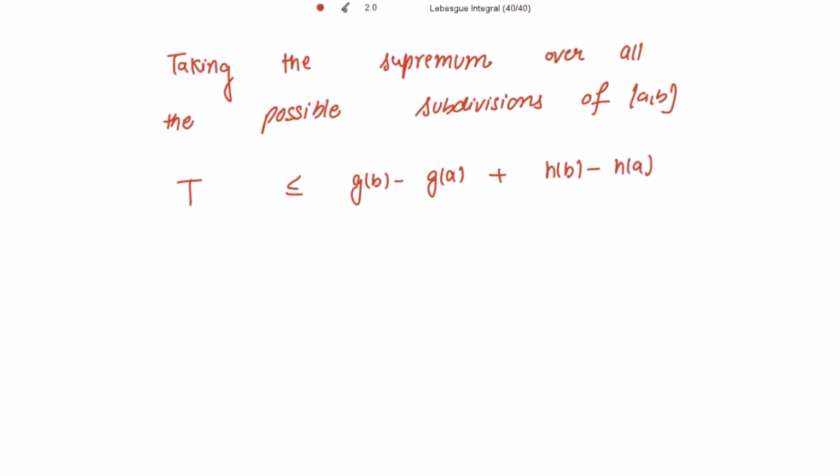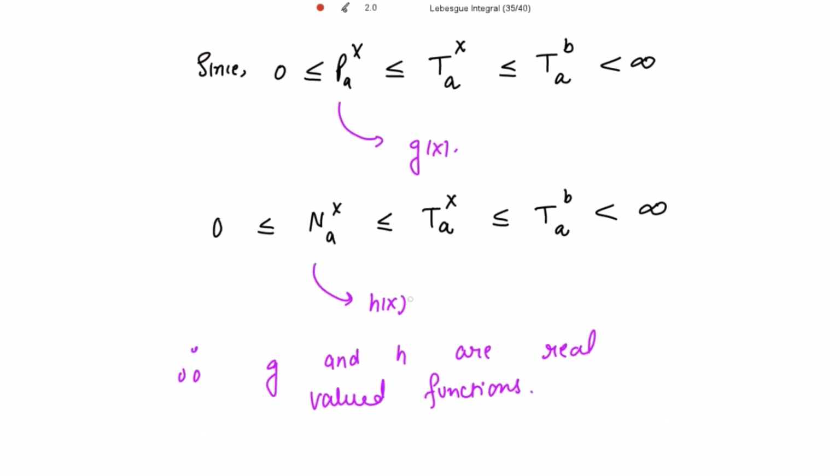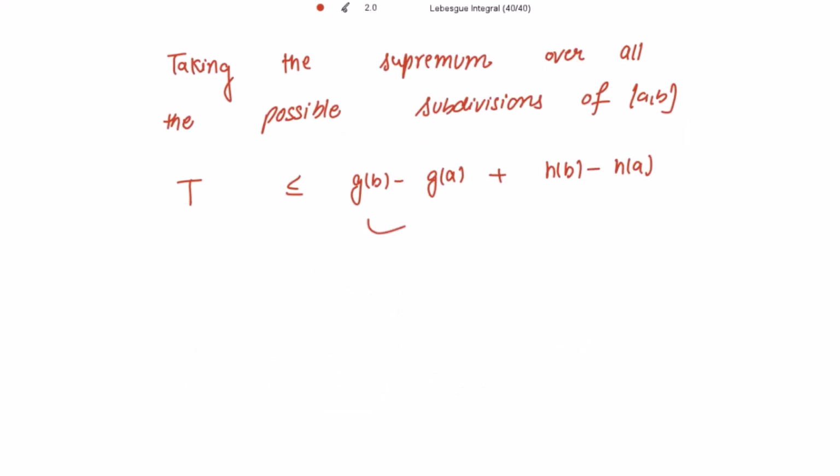And because we have already shown that g(x) and h(x) both are finite, their values at a and b are also finite. So this is strictly less than infinity, and this is the total variation over closed interval [a,b]. So we get that the total variation over closed interval [a,b] is finite.